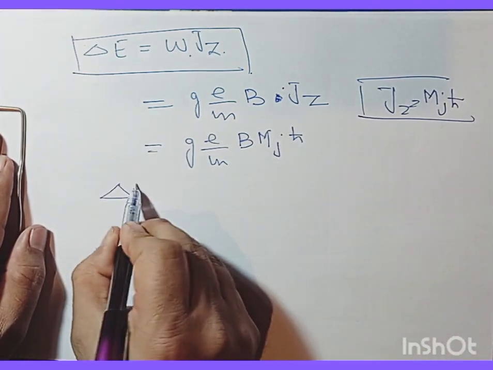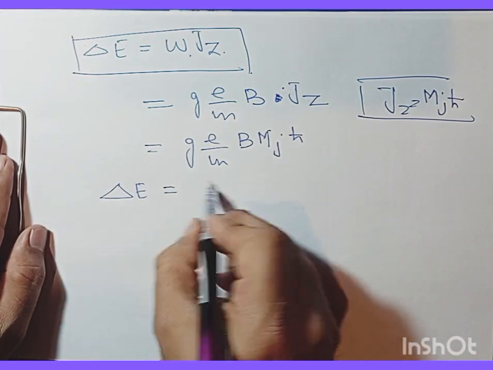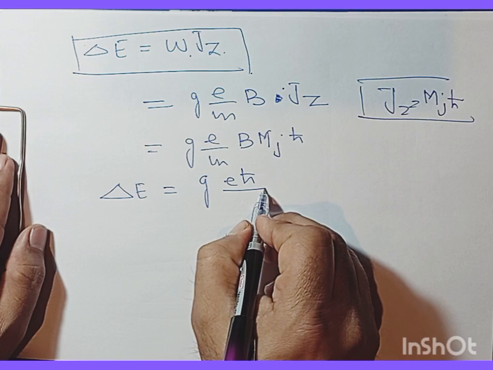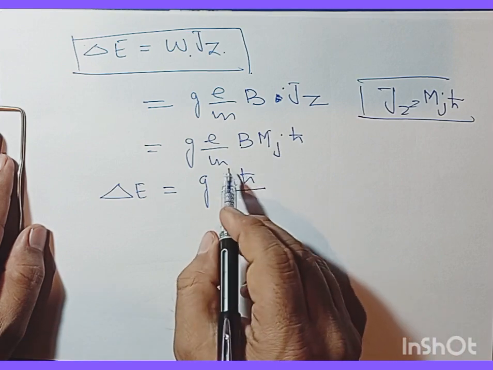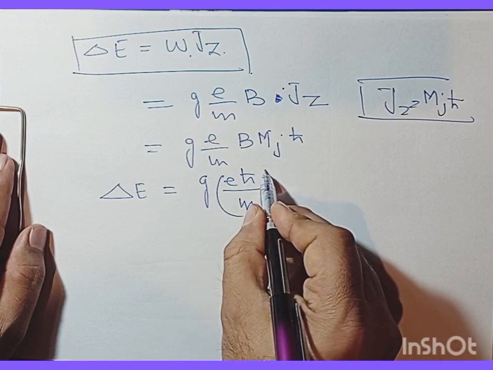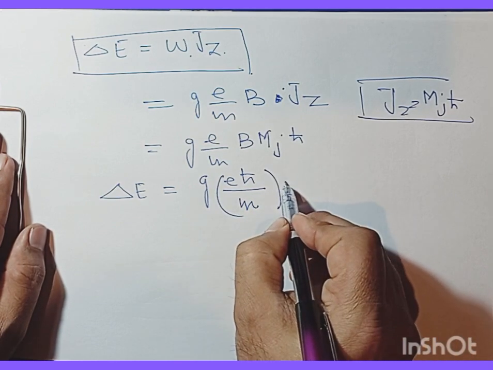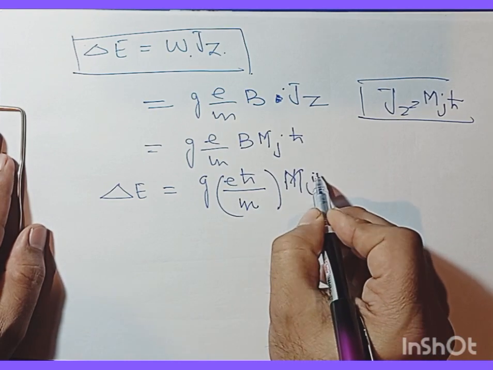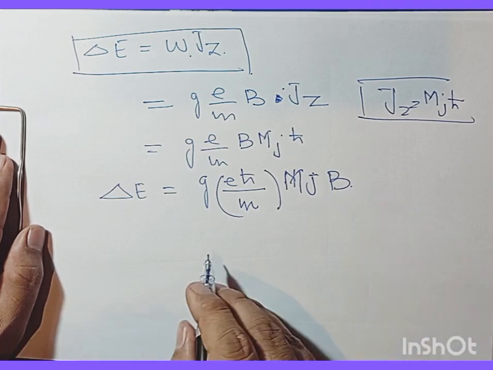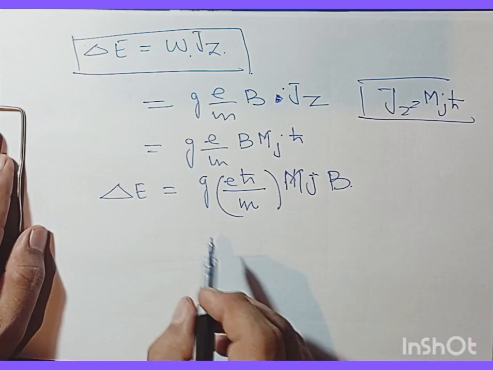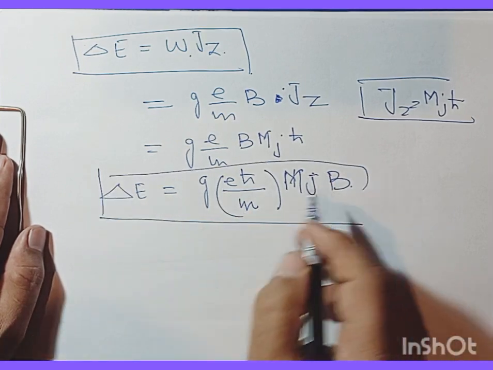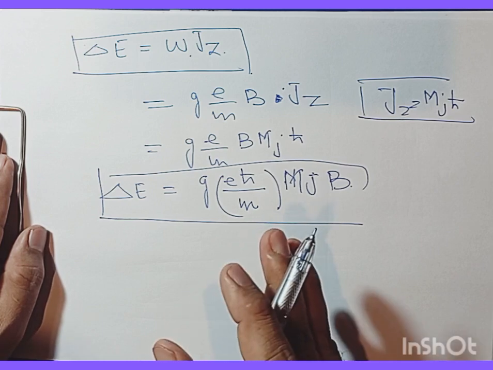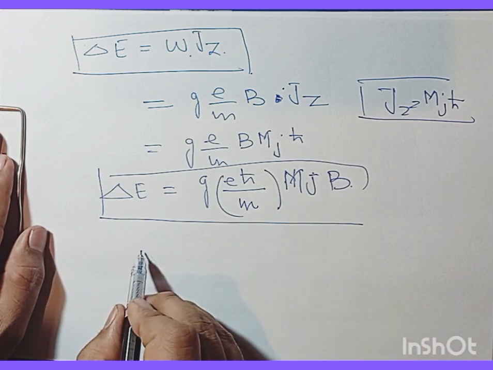We would like to write down this change in energy in terms of Lorentz units. So this is g, I can write e h cross by m, times m_J and B. If we choose to express the energy in terms of wave numbers, then what we will use is delta nu tilde.